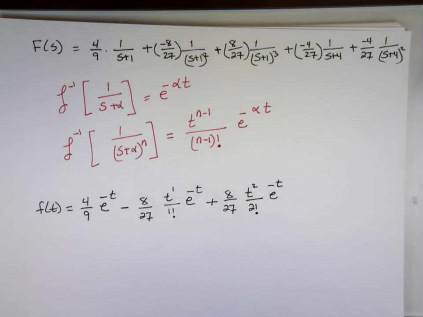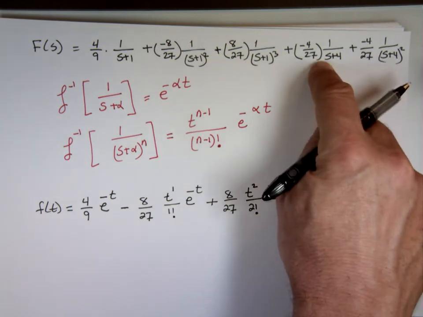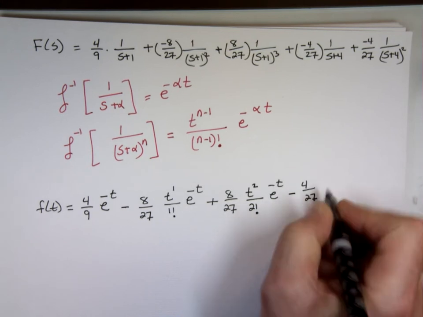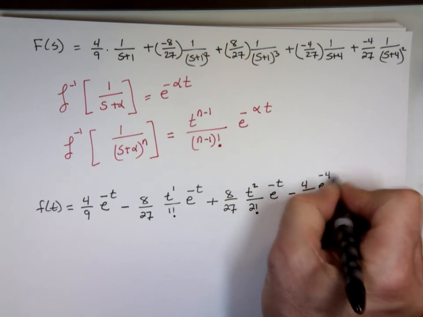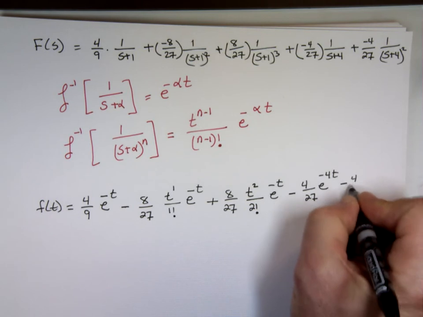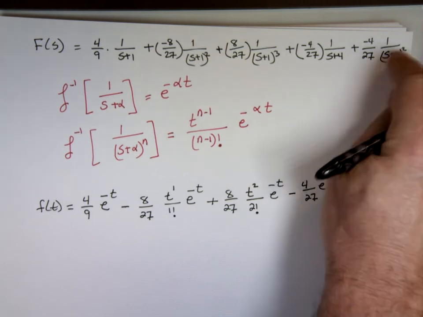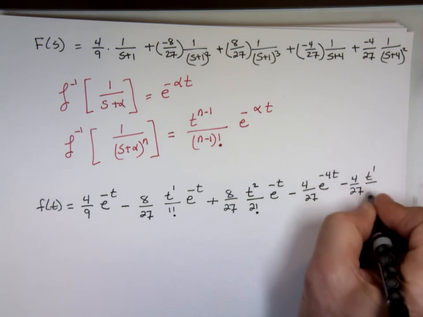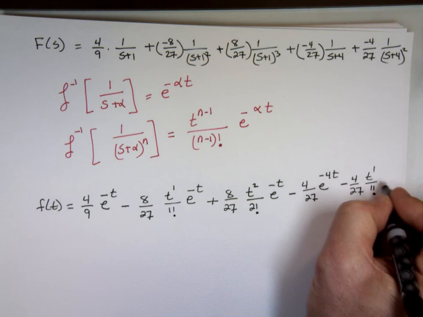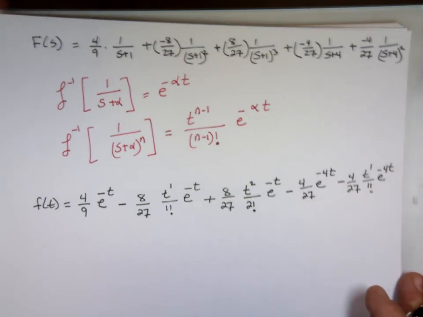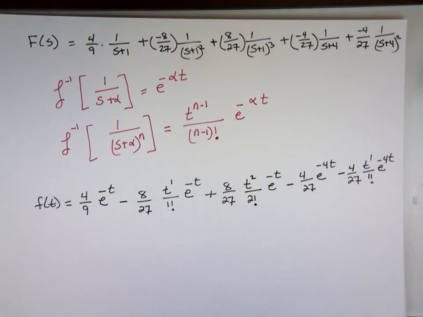Now I'm right here. That's a negative 4 over 27 e to the power of negative 4t. And the last one, it's negative 4 over 27, n is 2 again. That's t to the 1 over 1 factorial e to the minus 4t. A little cleaning, then I'm done.